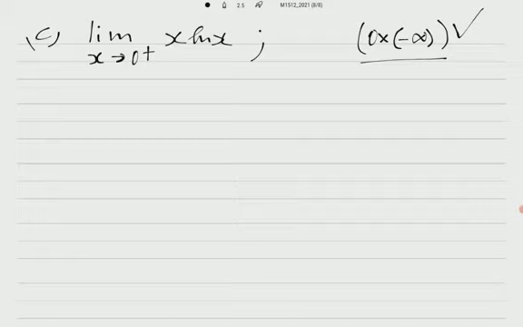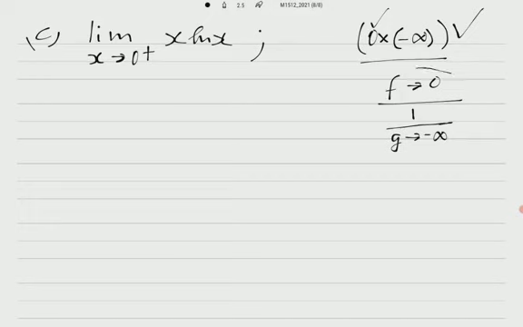Let's talk in terms of functions. So let's say you have f here which goes to 0, and this is the first portion. Now you are dividing it by 1 over some g which goes to minus infinity. And when you divide by this, it's the same as multiplying.